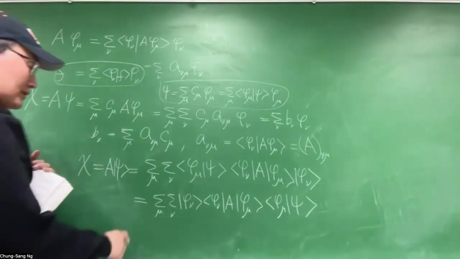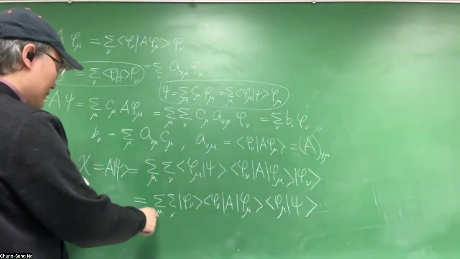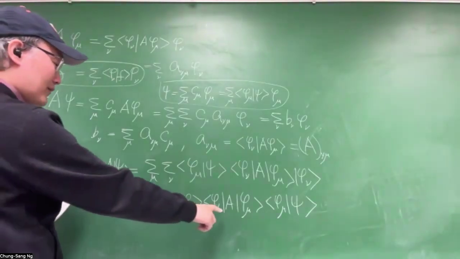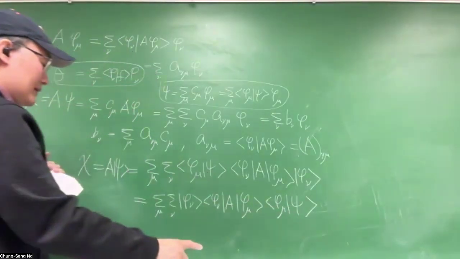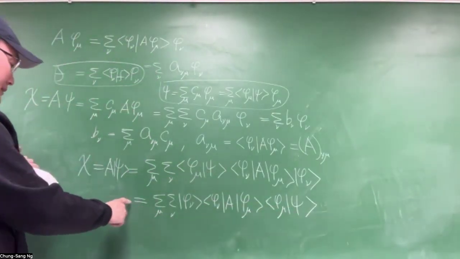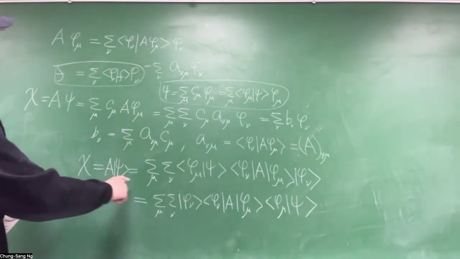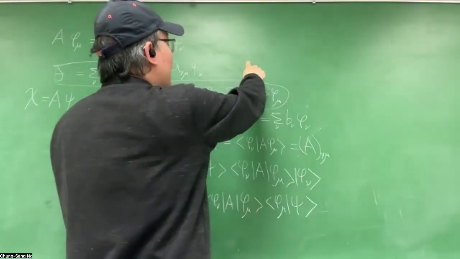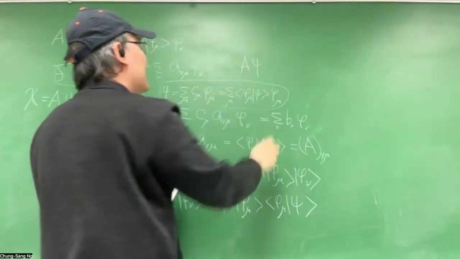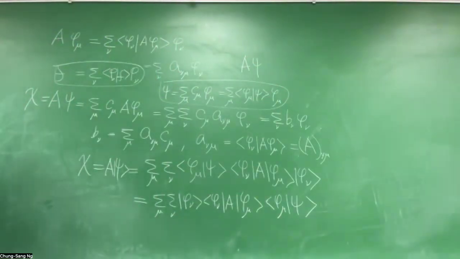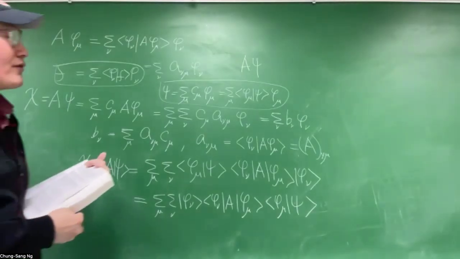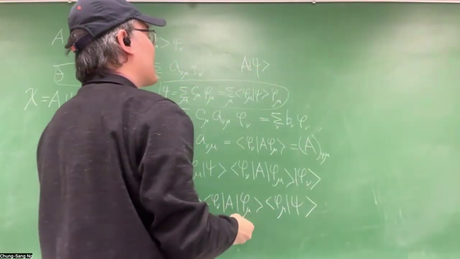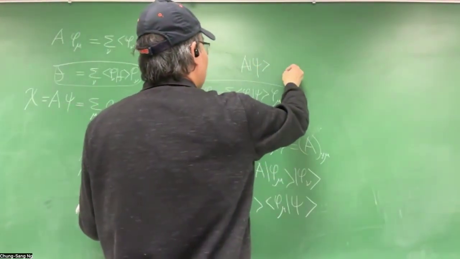Now the trick is that in Dirac notation you have A and psi. You want to do a basis expansion of this operation, A operating on the vector psi, which in Dirac notation becomes a ket vector.